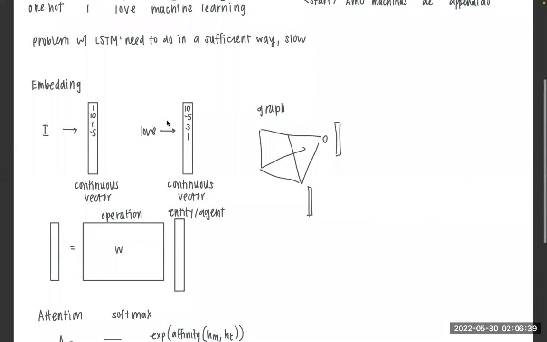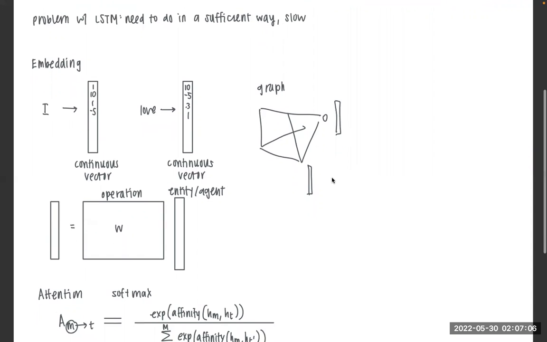And you can even do this for discrete structures, for example, a graph where you have multiple nodes connected through edges. Each node can be embedded as a vector, and those vectors can then communicate with each other, gathering information from each other through the edges by multiplying a matrix to the vector to extract information. Okay.